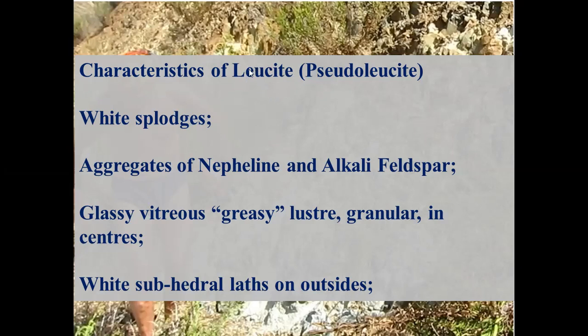Now, leucite is an octahedral crystal, and so the pseudomorphs will take on somewhat of this octahedral shape. And that's what the white splodges are, the remains of the octahedra, where the octahedra were.